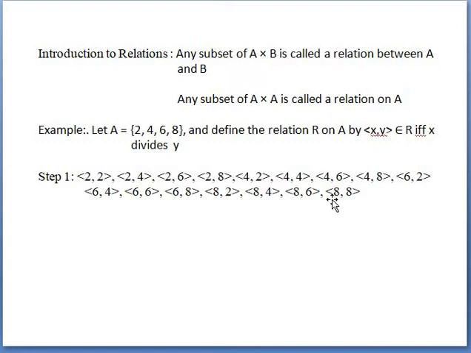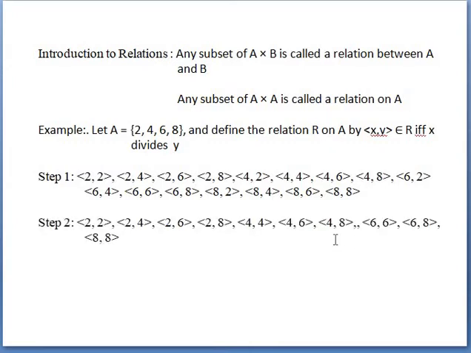But I have a particular condition. I can include only those ordered pairs where the first element divides the second element. Okay, so let's see the second step. If I include the ordered pair (2, 2), it will satisfy our condition x divides y, that is 2 divides 2.